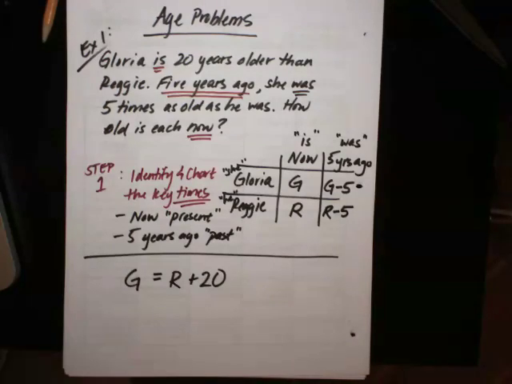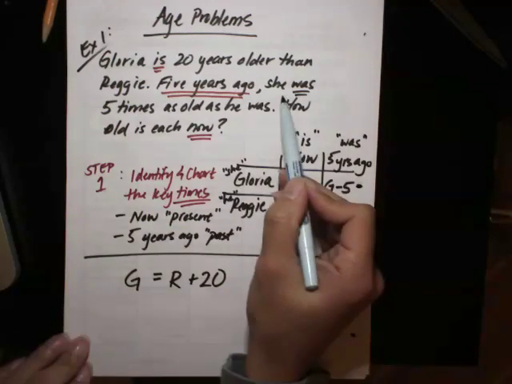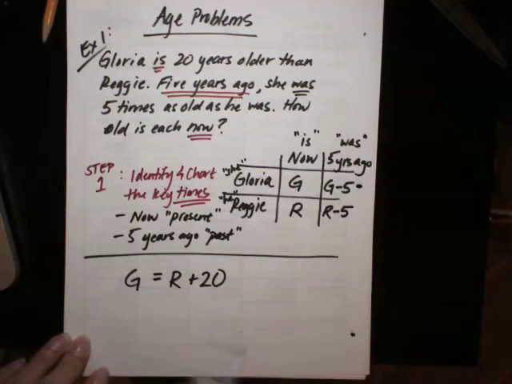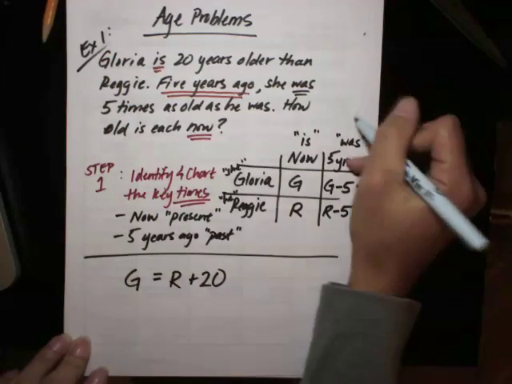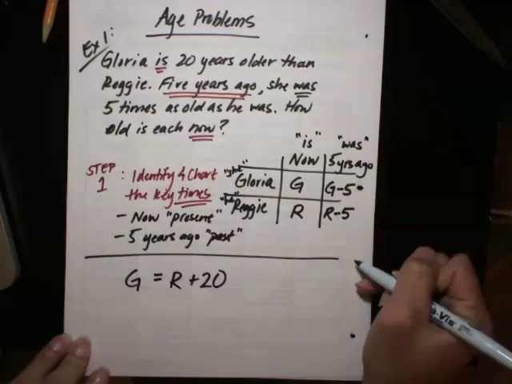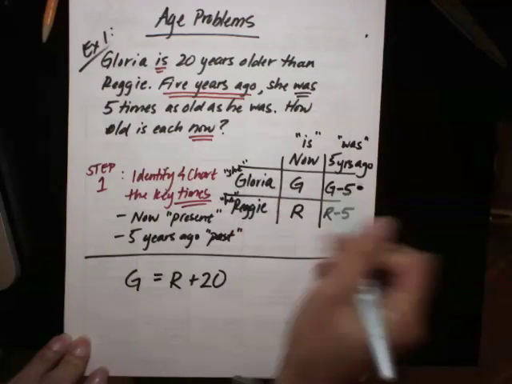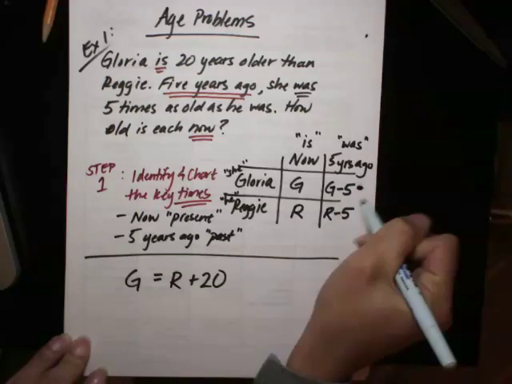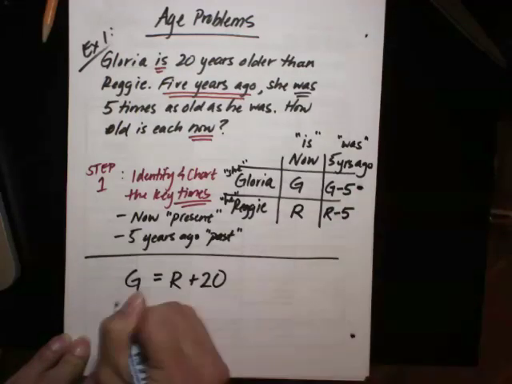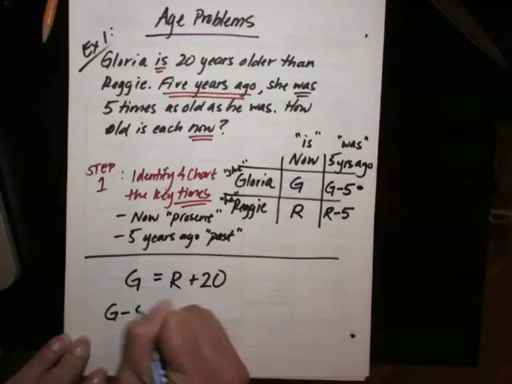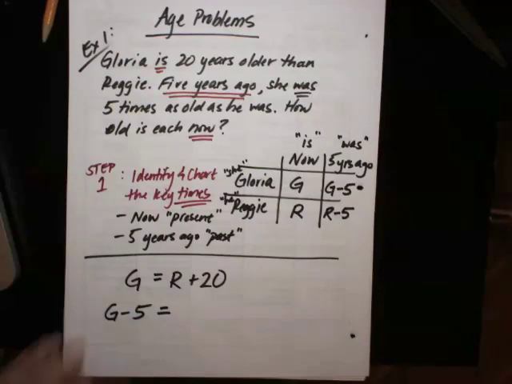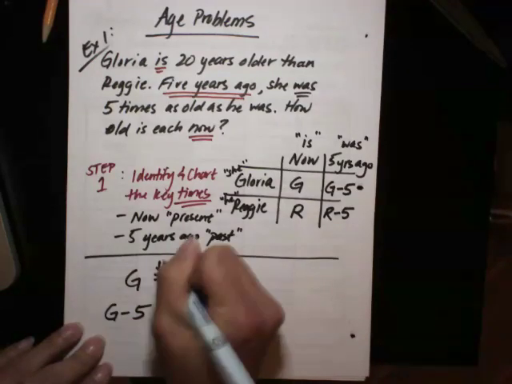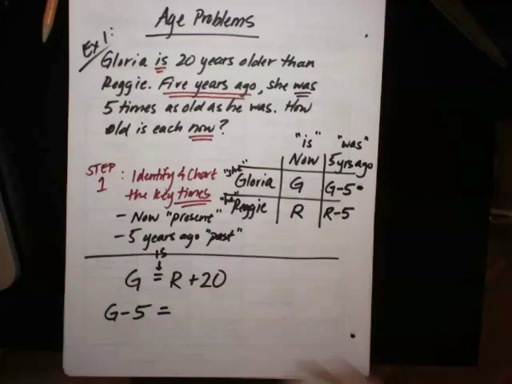Taking a look at the second sentence, it reads, 5 years ago, she was. We're going to go into the 5 years ago column. She, what they're referring to is Gloria's age. That means we're going to use this piece of information right here. 5 years ago, Gloria was. You notice that when you say is, you use the equal sign in math.